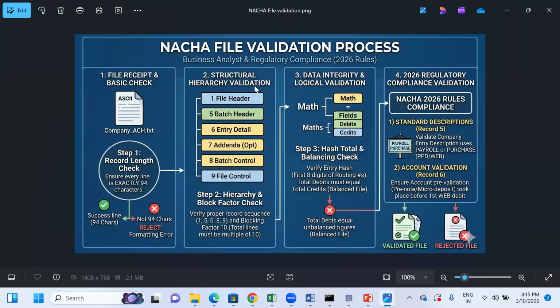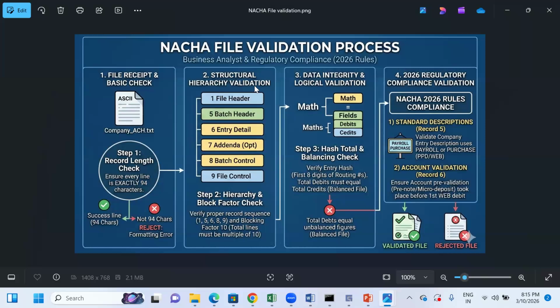For example, the EMIs I told you about yesterday. For any EMI payment we are making, for any loan or something, we submit a NACHA file to the bank. On a particular date and time, the EMI will automatically be deducted from the person who has given the NACHA authorization.